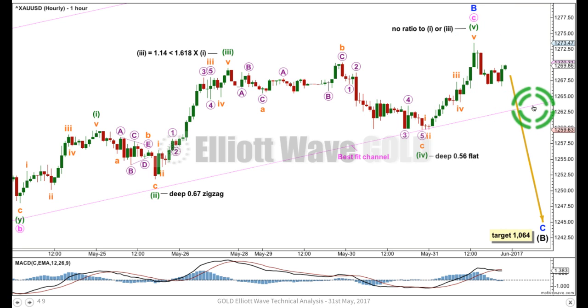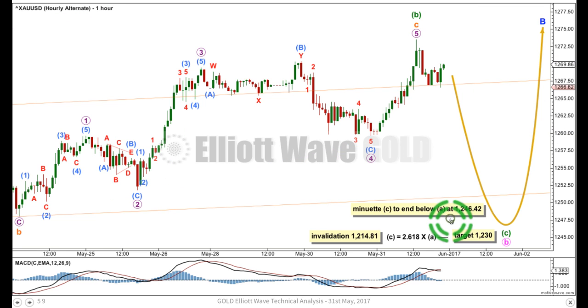If we see the lower edge of this channel now breached clearly by downward movement, then we can have some confidence that we've probably got a high in place. After that, look for a throwback for price to find resistance at previous support at the lower edge of that channel. The target is the same as explained at the weekly chart level, and remember, the other weekly chart has a much higher target. Both of them expect downward movement. It's just the depth of this next wave down which is different for them.